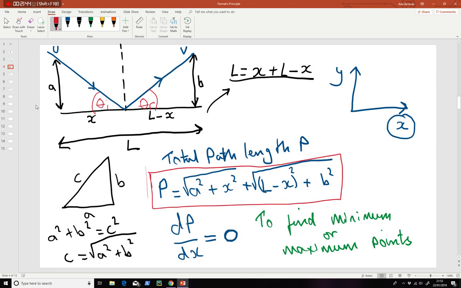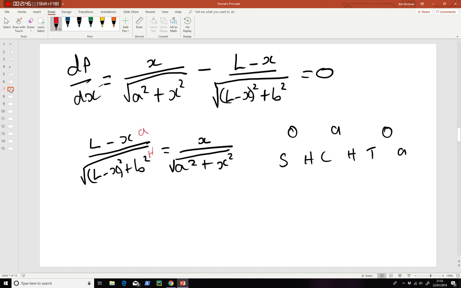X with respect to the angle is the adjacent also, and you can probably guess that the a squared plus x squared, square rooted, on the bottom is going to be the hypotenuse. The trigonometric identity that we are going to end up using is CAH: cos of the angle equals the adjacent divided by the hypotenuse.